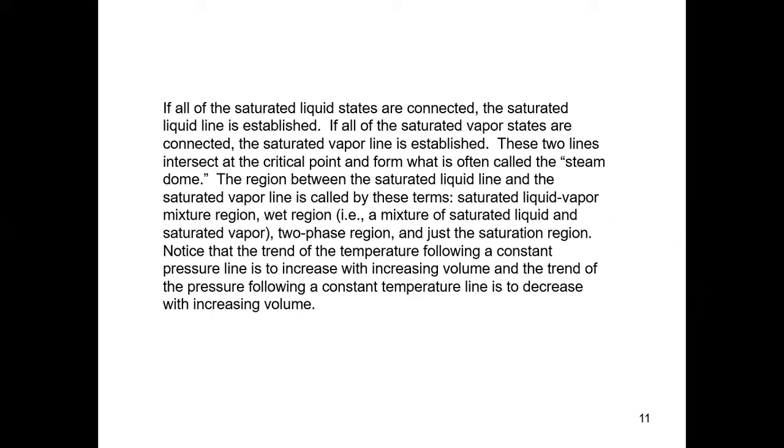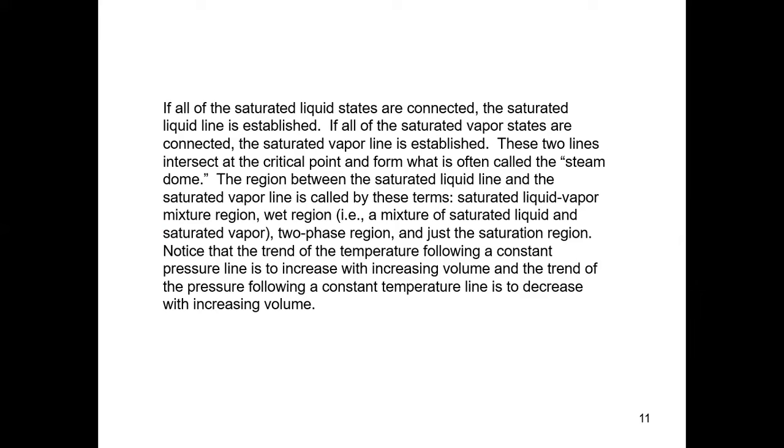If all of the saturated liquid states are connected, the saturated liquid line is established. If all of the saturated vapor states are connected, the saturated vapor line is established. These two lines intersect at the critical point and form what is often called the steam dome.